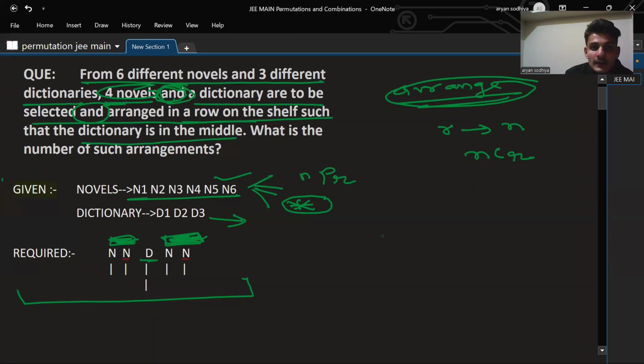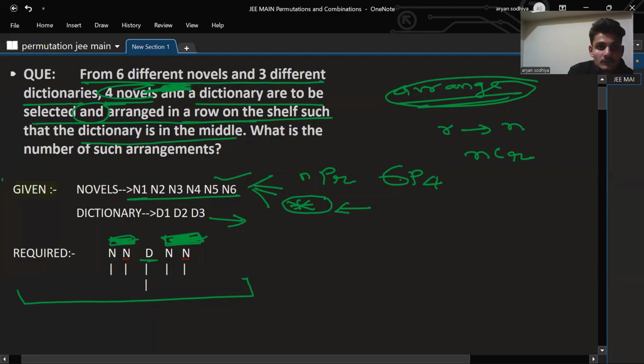How many total are there? 6 novels are there. How many need to be arranged? 4. And why multiply here? Because and is here.